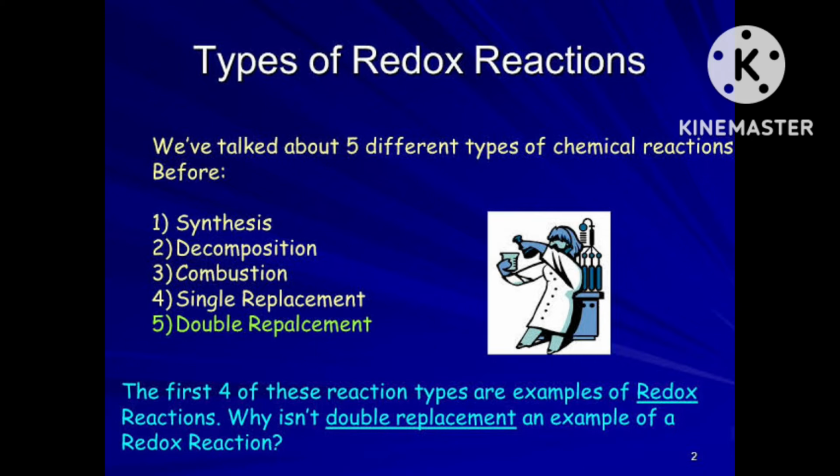Some elements have variable oxidation states, for example transition metals. That's why the oxidation number of transition elements is calculated. They can have more than one oxidation state.